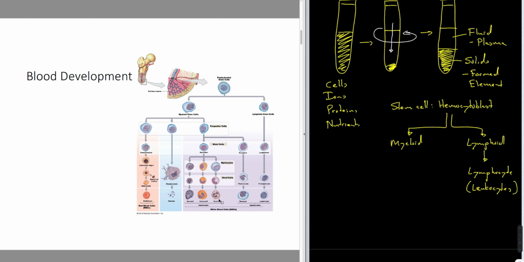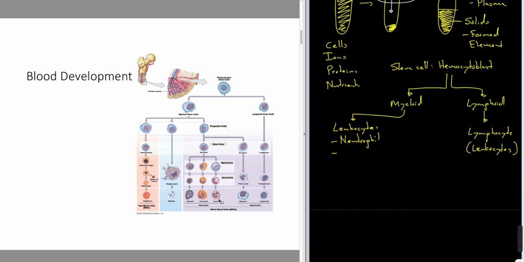The myeloid stem cell creates everything else. So, it can create the other four leukocytes. They are neutrophils, monocytes, eosinophil, and basophil.